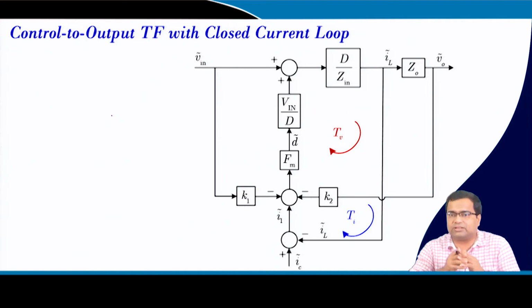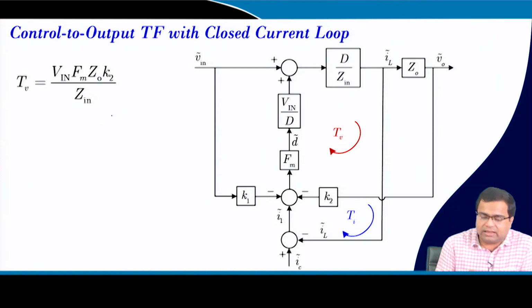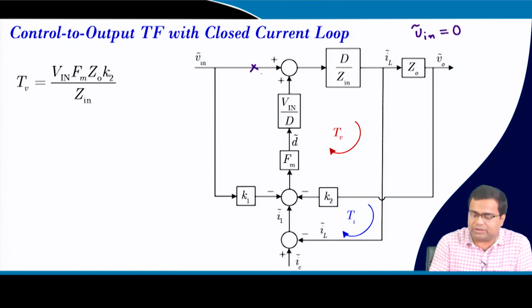Once you obtain the voltage loop gain, then you have to obtain the current loop gain. Okay. So, what are we going to achieve? Now, it looks like we have started from this point, right. We are ignoring the input voltage perturbation, let us say equal to 0. So, we can simply remove this path.